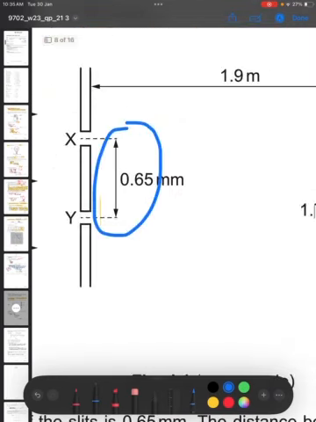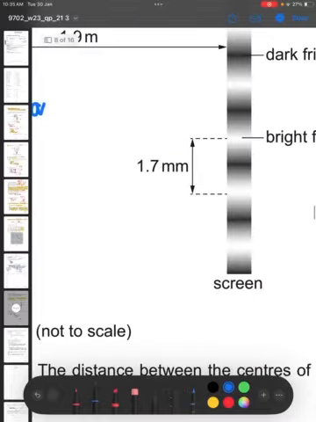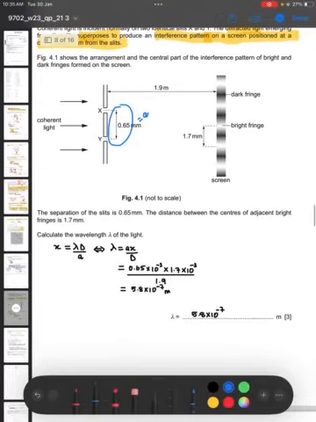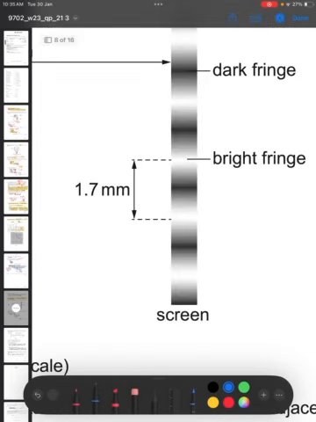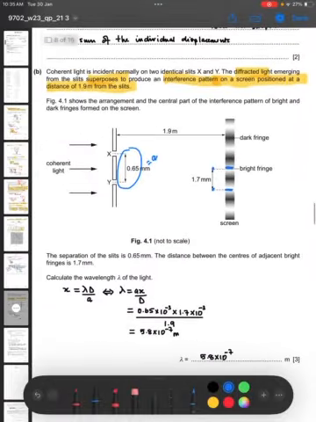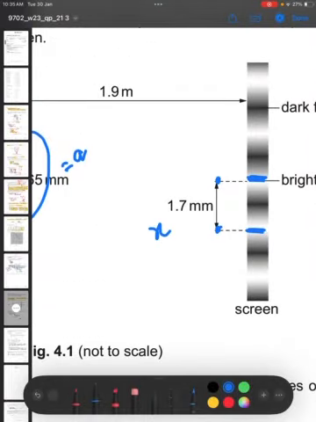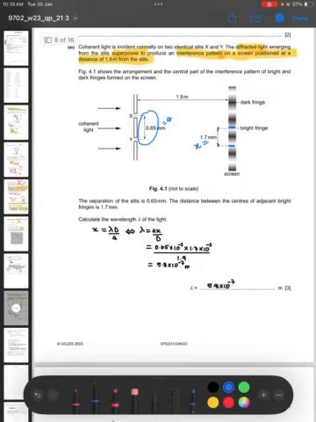But before we go further, the slit separation is A. Now we are told that the distance between centers of adjacent bright fringes is 1.7 millimeters. Centers of adjacent means bright fringes next to each other: center of the bright fringe, center of the bright fringe, side by side like that. It's 1.7 millimeters, and this is given the label X.